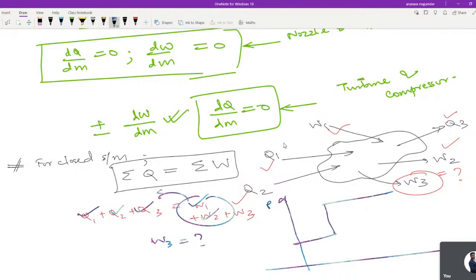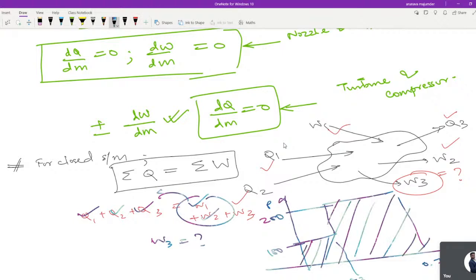All those parameters will be given, whether it's 100, this is 200, this is 0.3, this is 0.7, and you have to find the work done on this particular process. So what you have to do? Simply, the area under the curve gives you the work done. So you can find the area of this region, right? Simple maths.